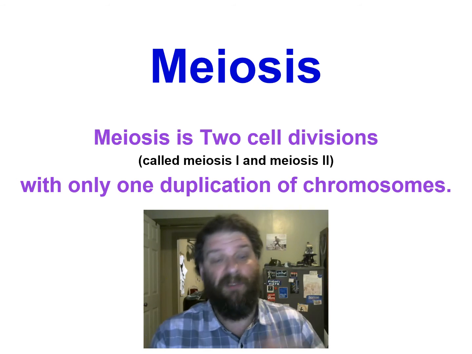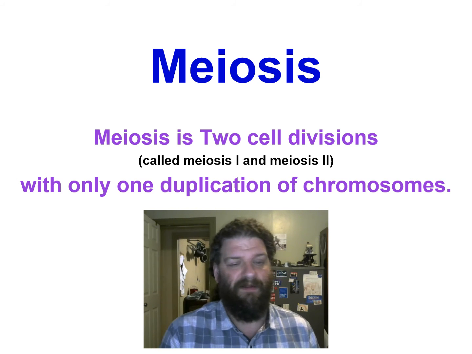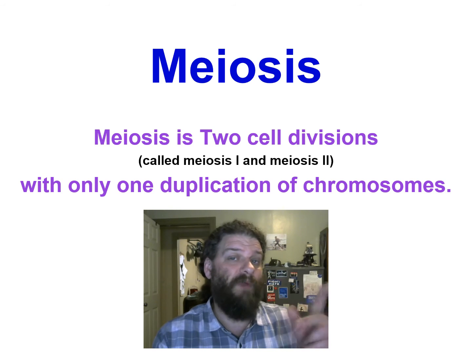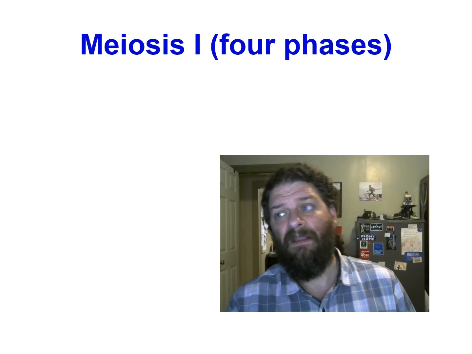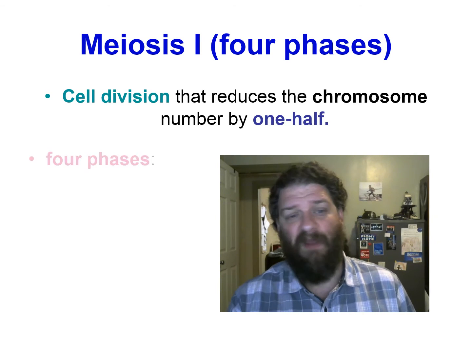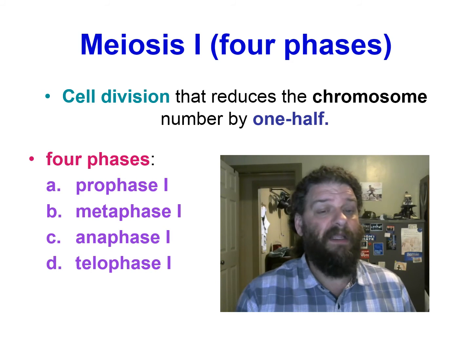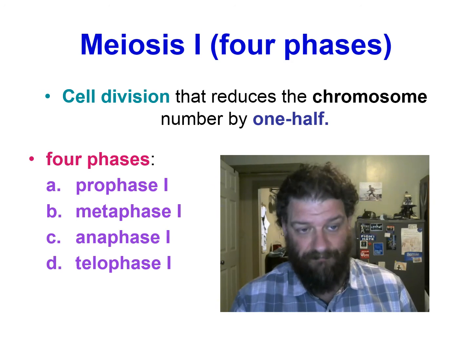We call it meiosis 1 and meiosis 2, and there are a couple of little differences that make it very important. And there's no replication of DNA in between the two. It's going to happen, like I said, in the same prophase, metaphase, anaphase, and telophase. During meiosis 1 is when we actually achieve the halving of the chromosome number.